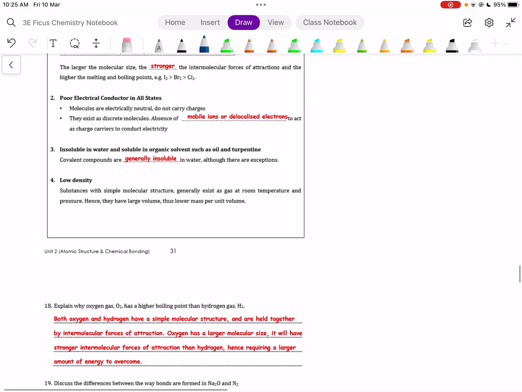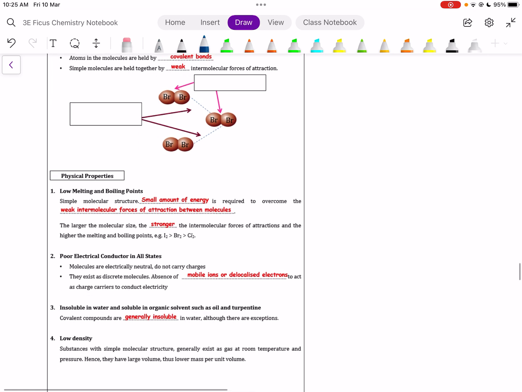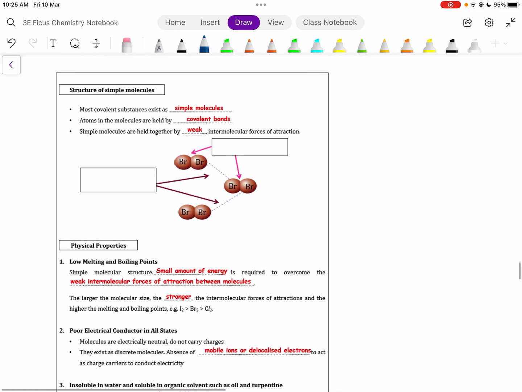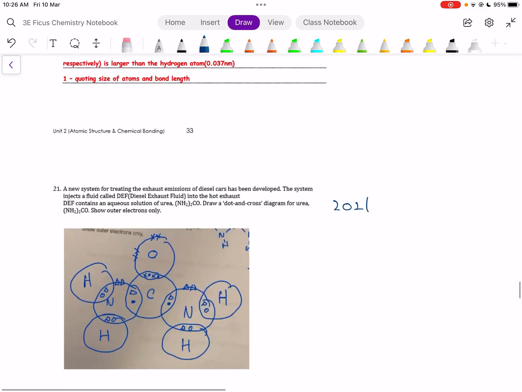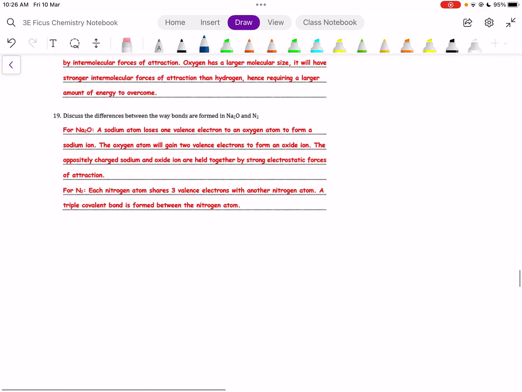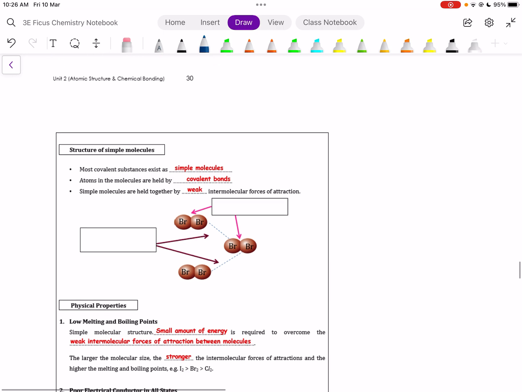Later on I will share these few questions with you. Not easy. Quite unique, sometimes it's not just content based. You need to look at information and then compare and then comment on whether it's accurate. So O level has quite a number of these application kind of questions.